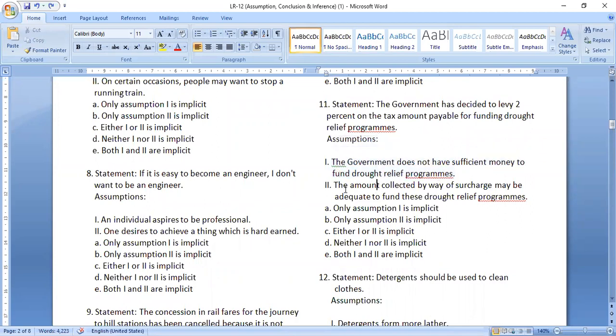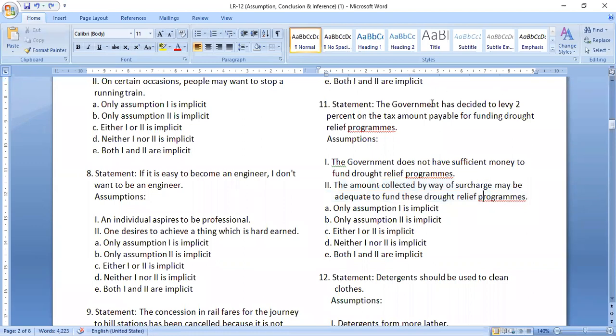Okay, let's first read the two statements. Statement two is: the amount collected by way of surcharge may be adequate to fund these drought relief programs.